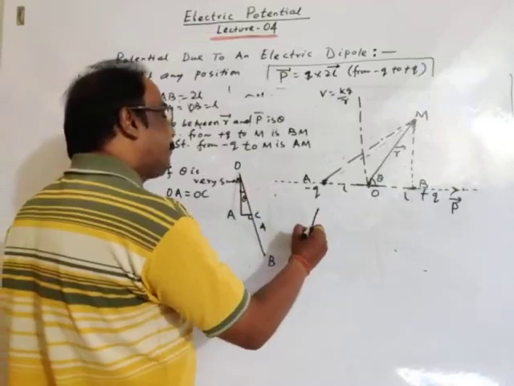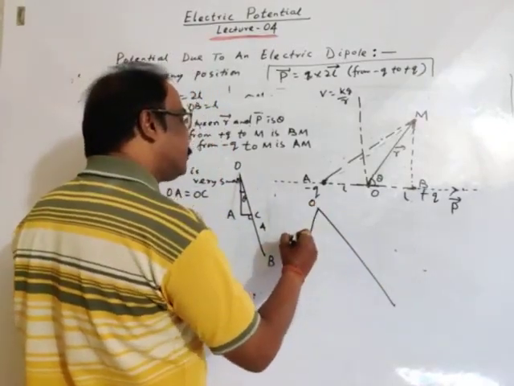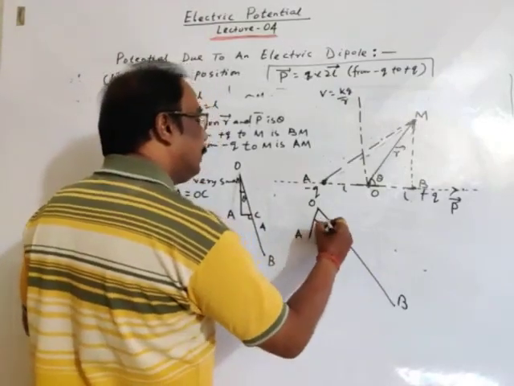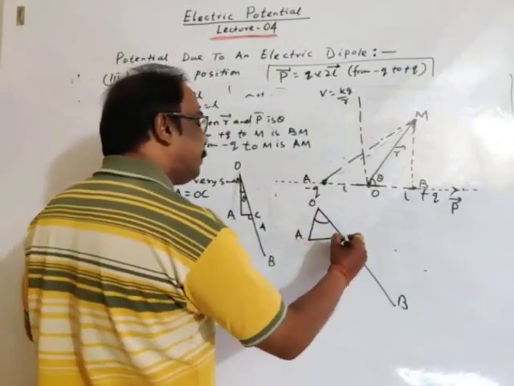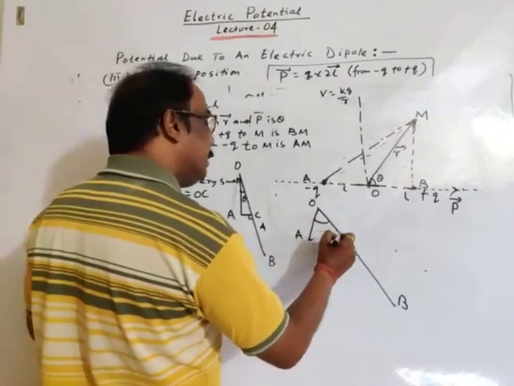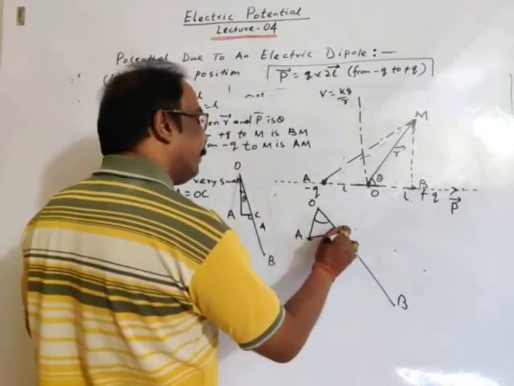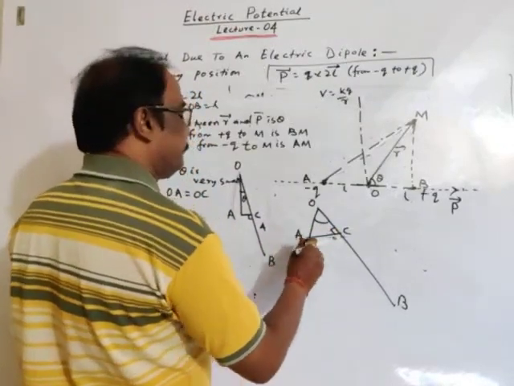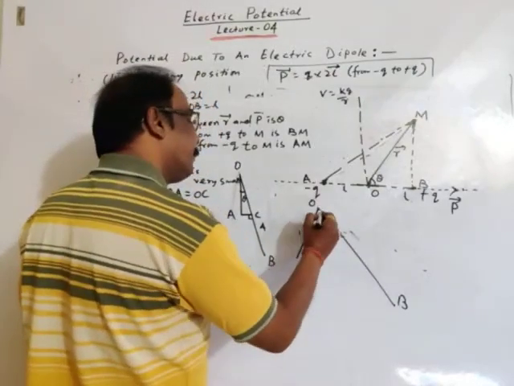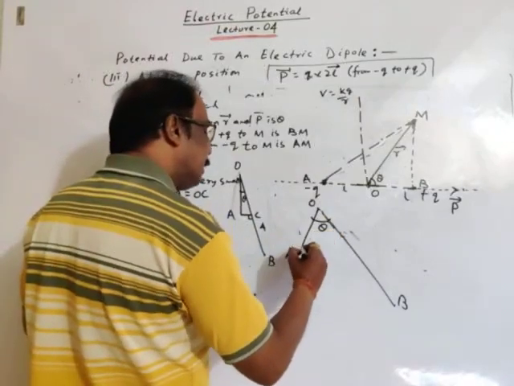But see, if this is a straight line and this is another straight line, this is O, this is A, this is B. Here theta is larger. If you draw a perpendicular, let this angle be 90 degree. This point is C. This is A. This angle theta is larger.